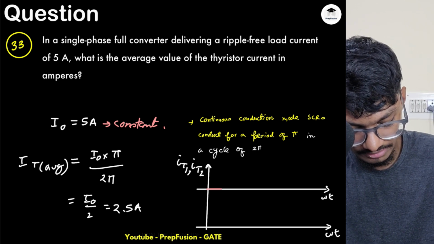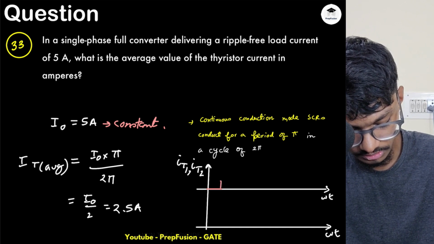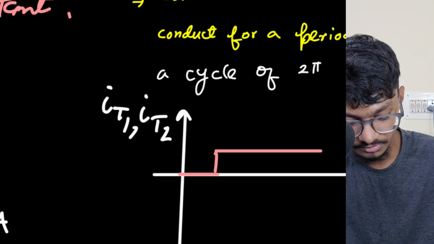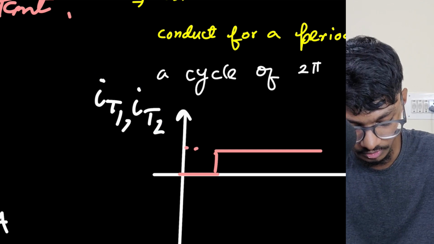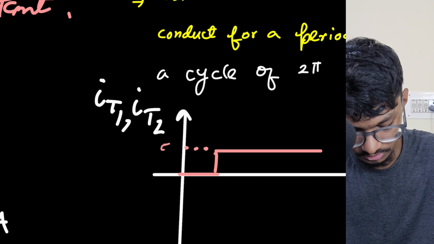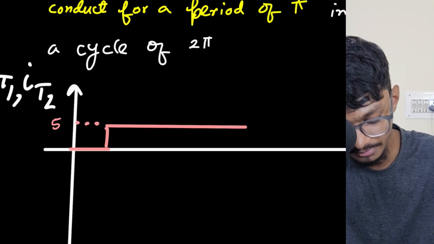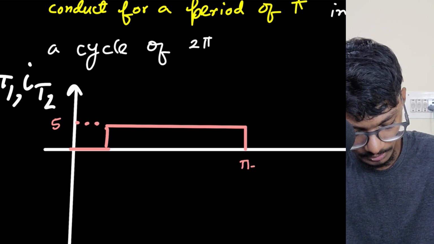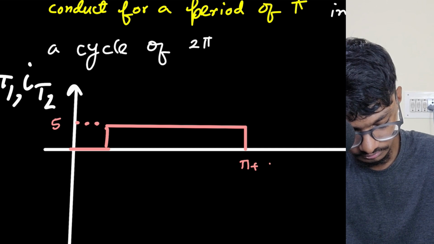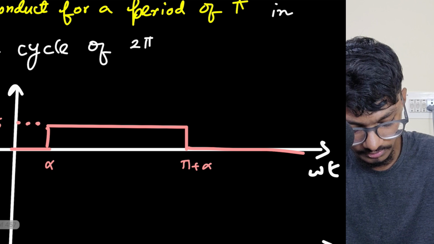Let's say from alpha, T1 and T2 are triggered. So T1 and T2 start to conduct, and whatever current the thyristors carry is the same as the load current, so the value will be 5 amperes. They will conduct up until pi plus alpha, from alpha to pi plus alpha. Then the current will become 0 again.